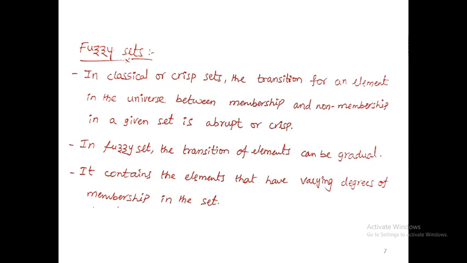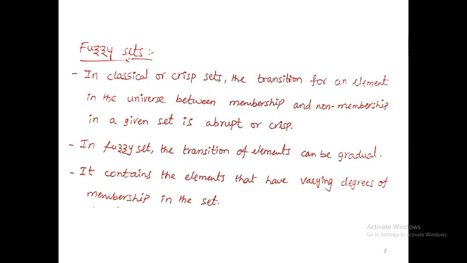It is nothing but, in a classical or crisp set, your membership value will change from either 0 to 1 or 1 to 0 abruptly. There are no intermediate values. Either it can go from 0 to 1 or 1 to 0, from yes to no or no to yes, from extreme low to high or high to low, likewise. But in a fuzzy set, the transition of elements can be gradual.